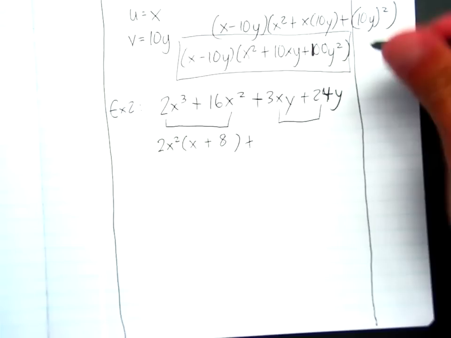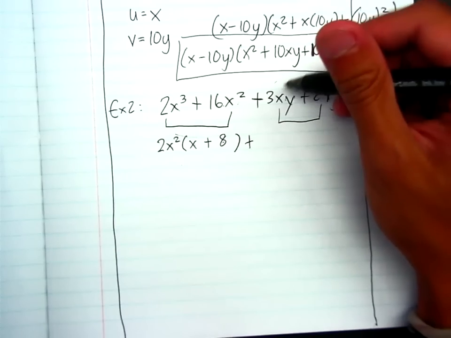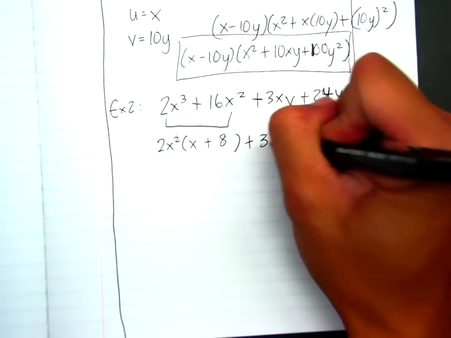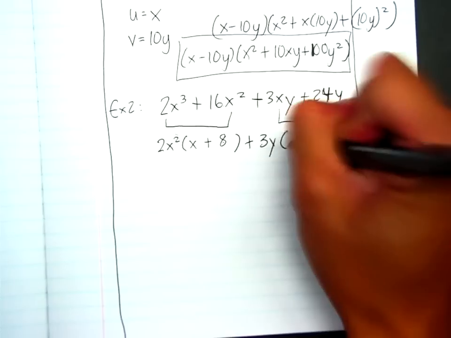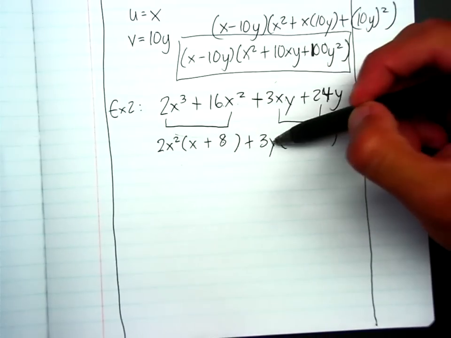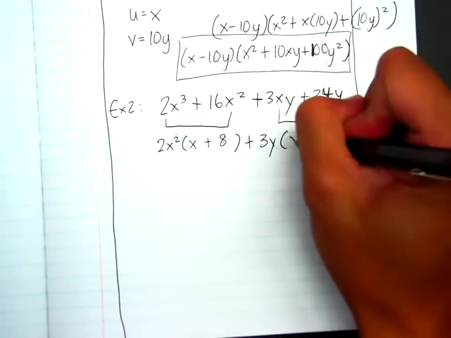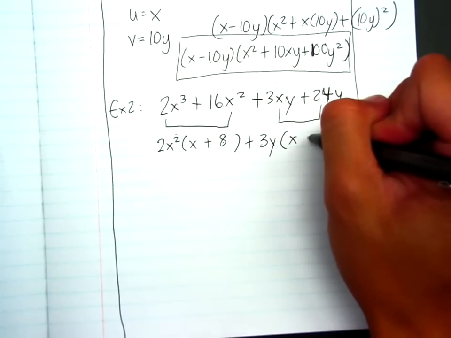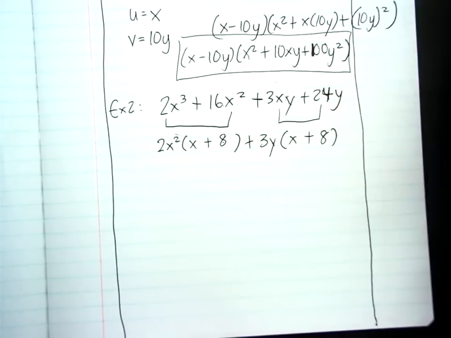If I look at the other one, it looks like my common factor is 3y, and hopefully if I did this right, the parentheses will become the same. So 3y times x is 3xy, and 3y times 8 is 24y.